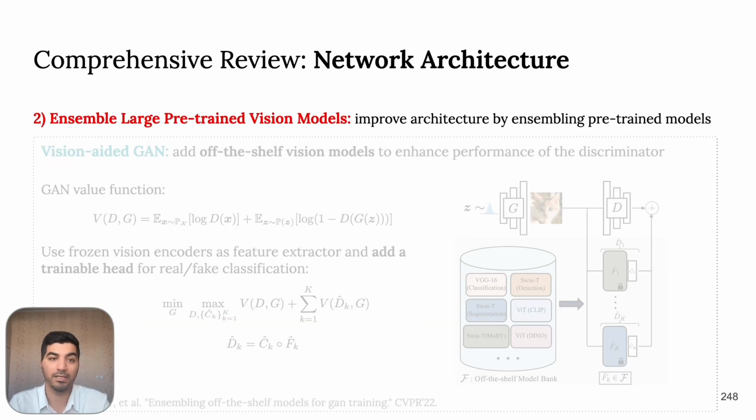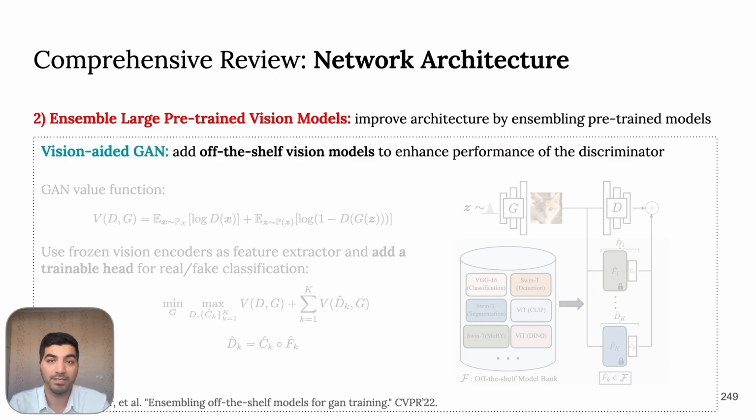Next subcategory is ensemble large pre-trained vision models. And approaches in this subcategory improve architecture by ensembling pre-trained models. For example, we have this vision-aided GAN from CVPR 2022, and they add off-the-shelf vision models to enhance performance of the discriminator.